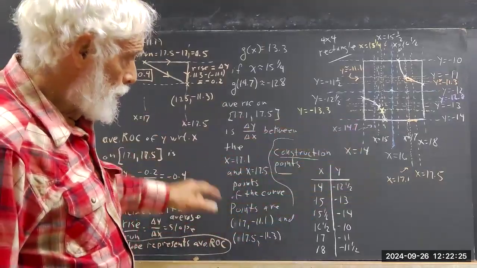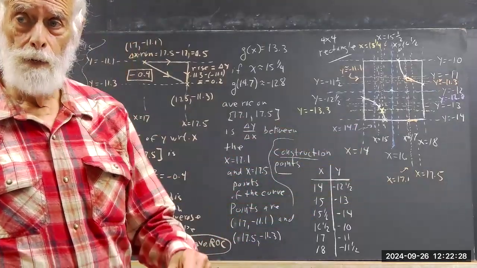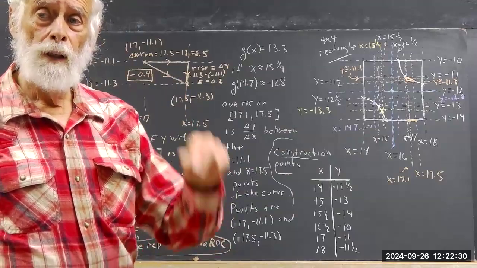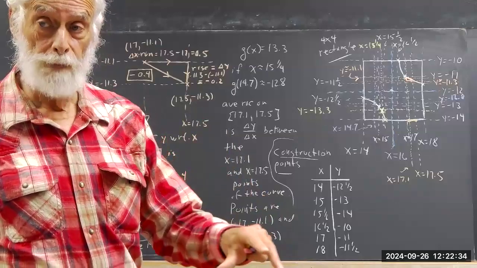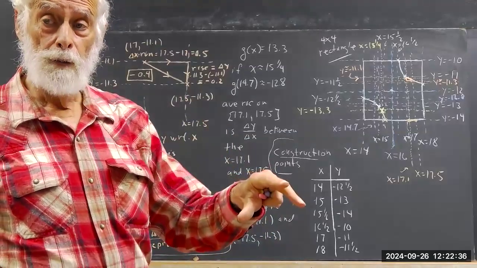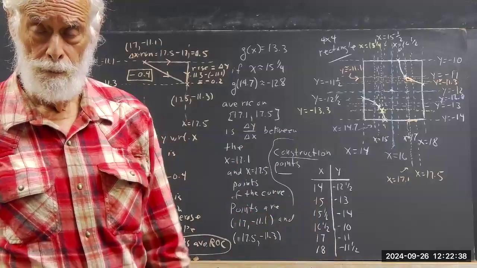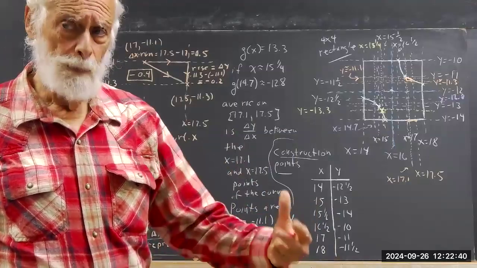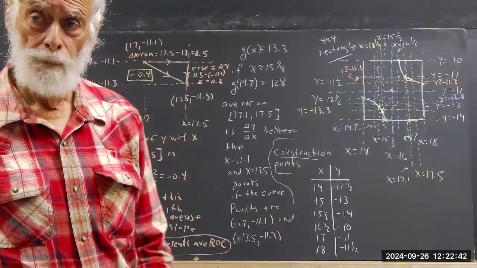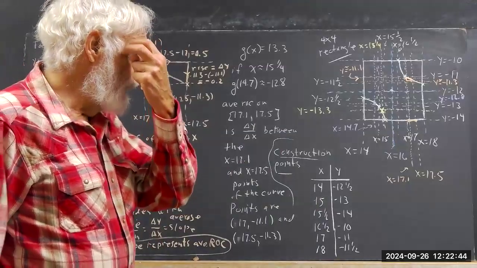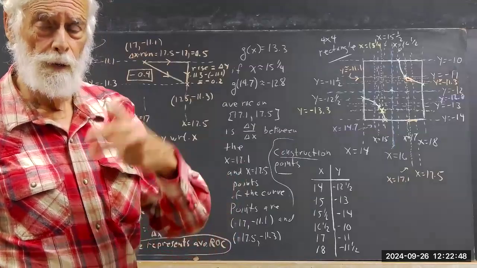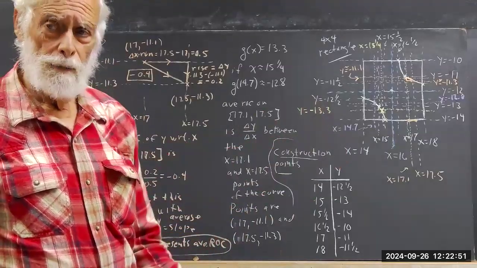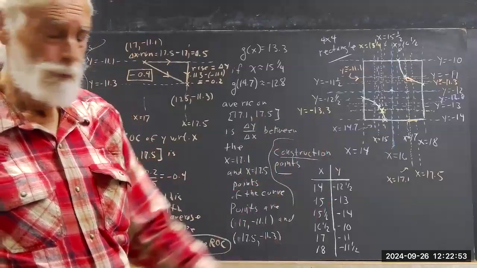If it's not a review, hopefully it's a clarification that allows you to do these problems perfectly, which is what we're really after. We're going to try to achieve perfection on this because it's very attainable. And it's kind of a big deal if you can do this perfectly. It'll equip you well, I think, for the rest of the course and be very advantageous to you as you study more mathematics, if that's in your future.